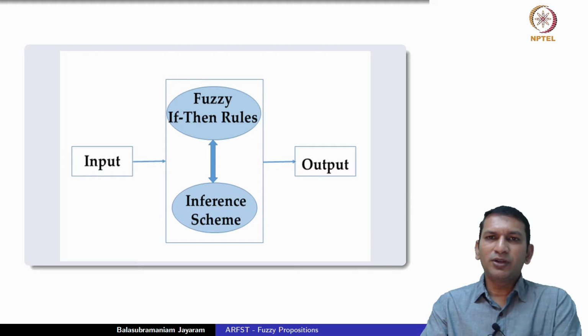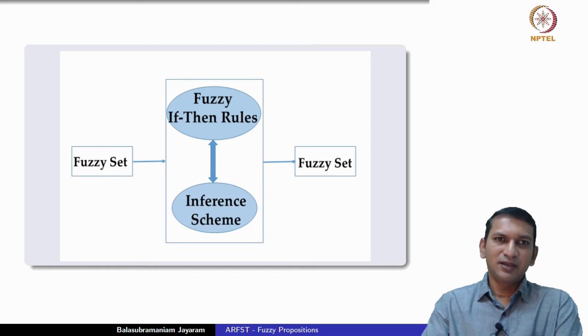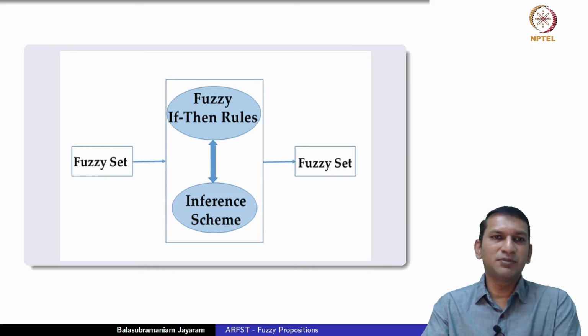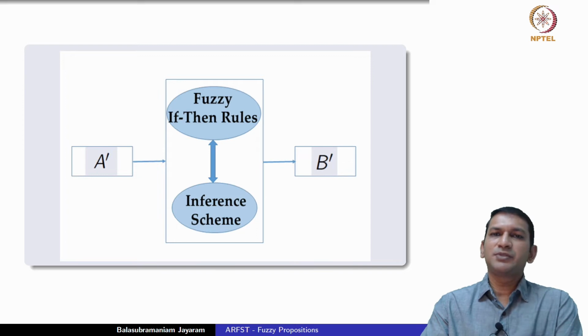So these are the two important components when you are talking about any inference scheme: the actual algorithm itself, how do you infer, also how the knowledge is stored, so that given an input, based on the knowledge, this inference algorithm can act on it and give us a meaningful output. Here, the input and the output typically will be fuzzy sets, but we can also take them as points from classical sets. We'll come to it when we deal with fuzzy inference systems, perhaps in the third or fourth lecture of this week. So typically we give an A dash and we are expecting B dash.